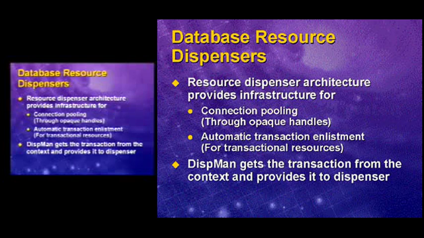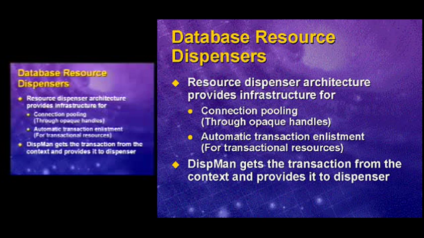Also, the Disman infrastructure provides a method for automatic transaction enlistment, which is why in your MTS components you don't ever have to manually enlist in a transaction. MTS goes up, reads its metadata, and sees that the component is part of a transaction. Any ODBC or OLEDB resources that you open in the context of that component are part of that transaction. So Disman does this automatically.